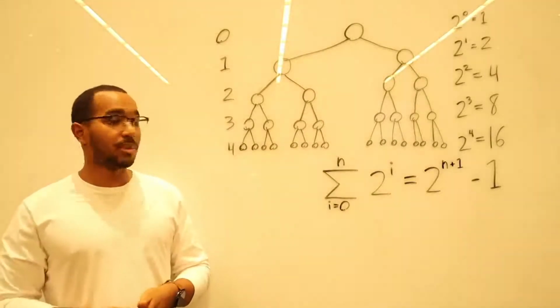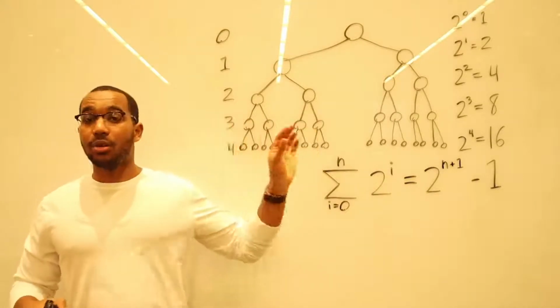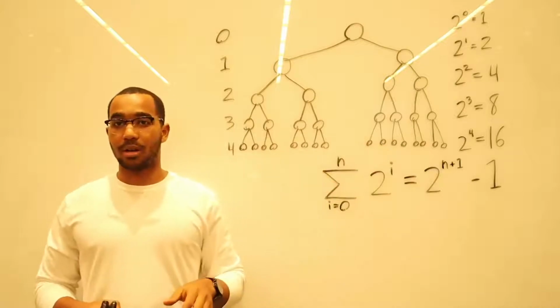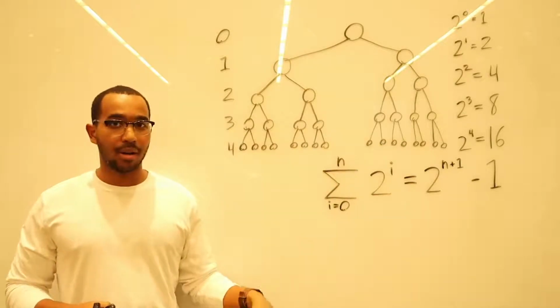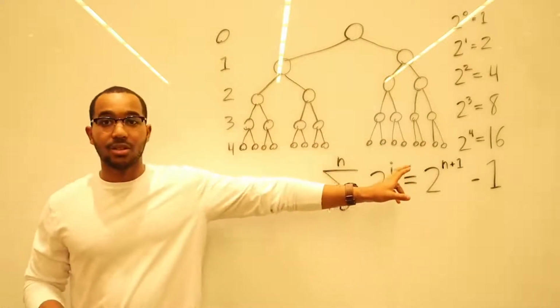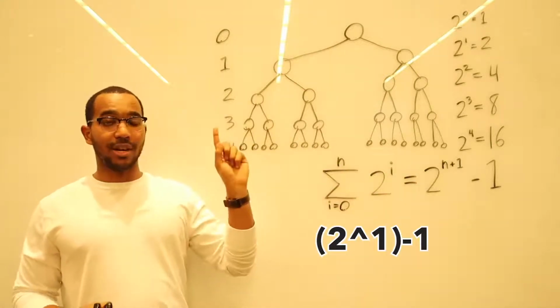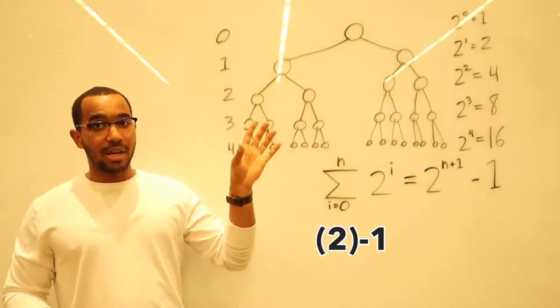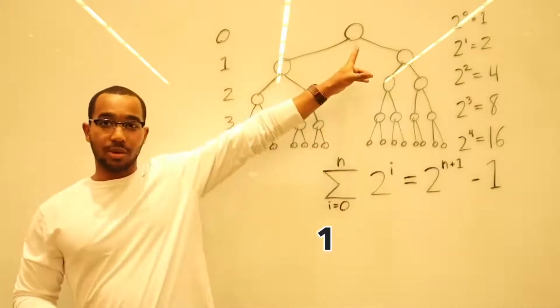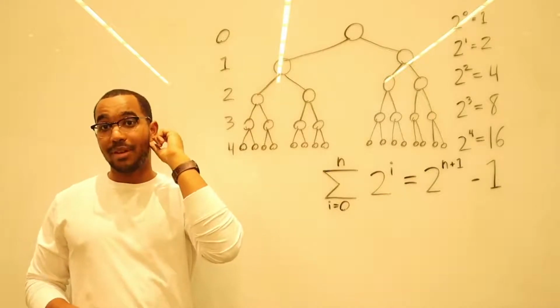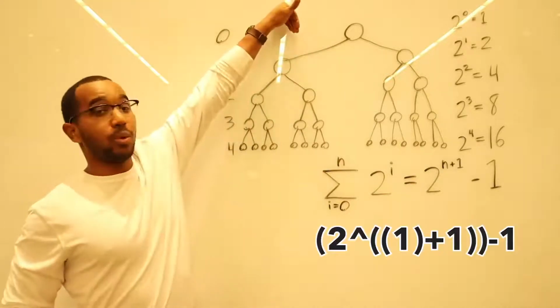Ultimately, when we solve the summation, we get the total amount of nodes in this tree is 2 to the n plus 1 minus 1. So imagine this. If n is 0, we have 0 plus 1 is 1. 2 to the 1 is 2. 2 minus 1 is 1 node. If we have 0 depth. If we have a depth of 1, that means we're going to go deep 1.